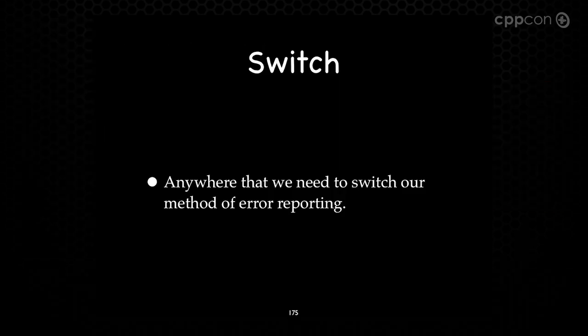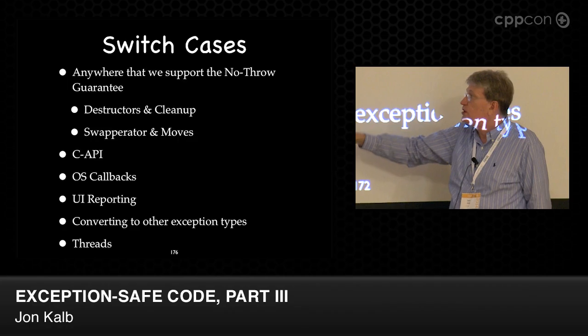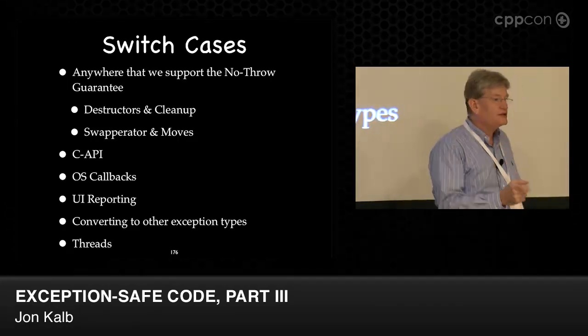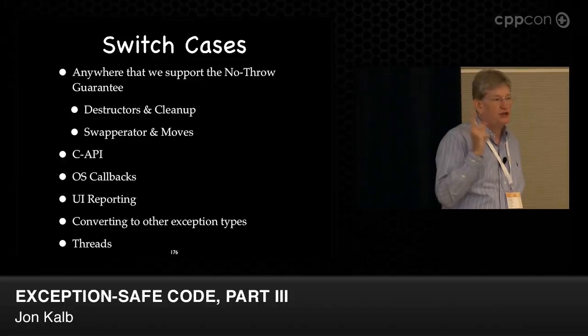Anywhere we need to change or switch our method of error reporting, we may have to put a catch there, or will have to put a catch there. There's lots of places where we can't throw exceptions or propagate exceptions. And those places are where we have our guarantees of destructors and cleanup. If we're in a C API, an OS callback, UI reporting, it turns out that most humans cannot actually process an exception thrown at them.